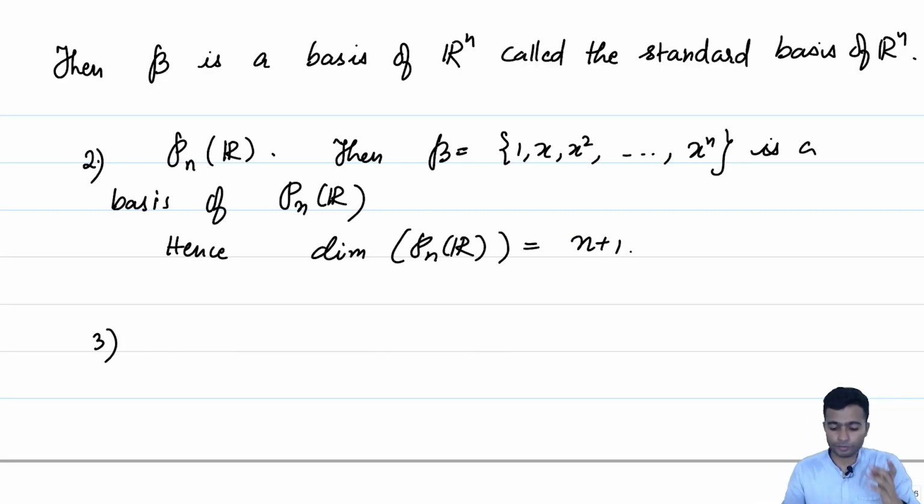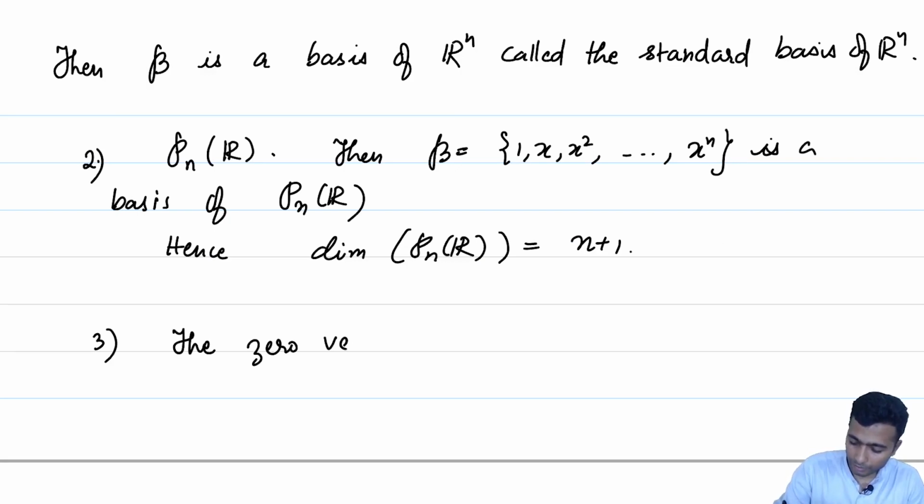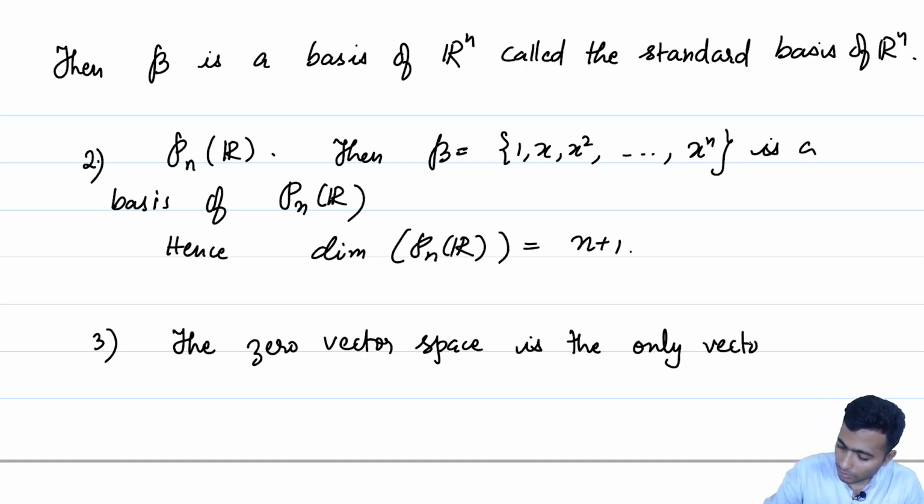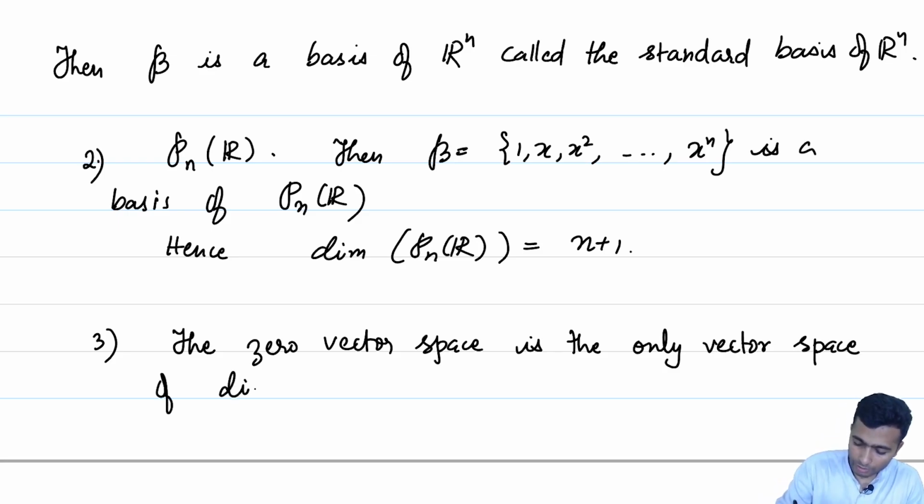Another example is the zero vector space. Let me allow you to guess. The zero vector space has the empty set as its basis. It is, in fact, the only vector space of dimension 0.